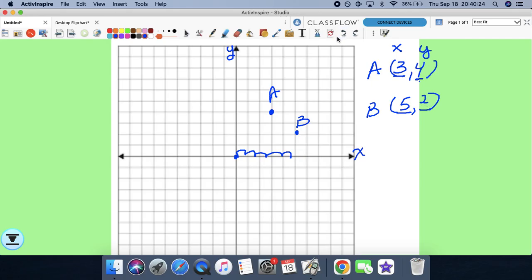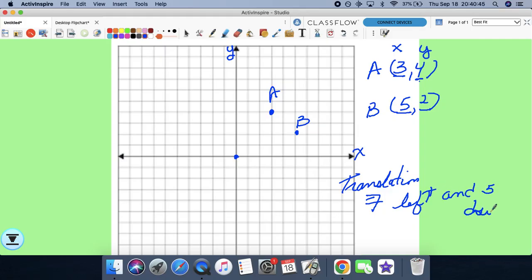So that's the location of 5, 2. Now, let's talk about translations. Let's say I asked you to move those 2 points, let's make it 7 units to the left and 5 down. What would happen?